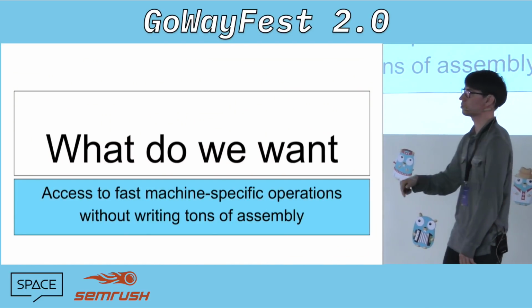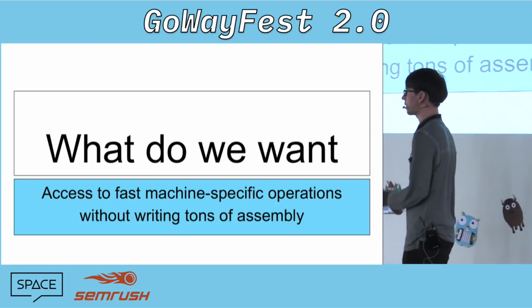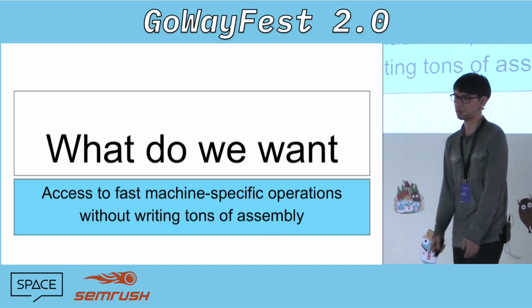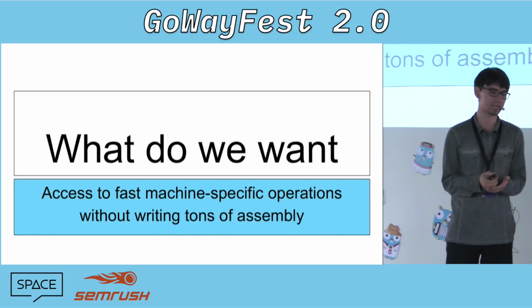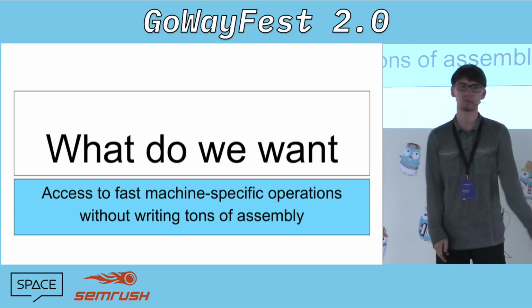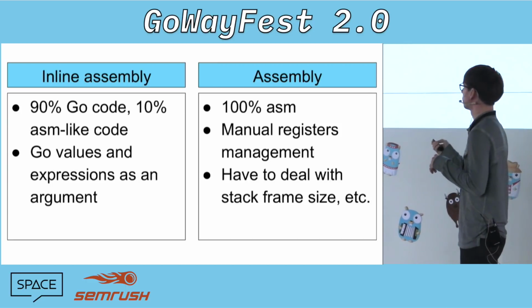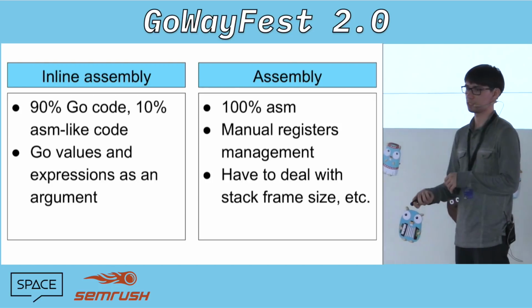So we want to use those accelerating instructions while not writing a large amount of assembly. We have to say that we want some assembly, like I want to use this instruction that makes parallel multiplication of a matrix, for example. But we want to have Go code in our programs.